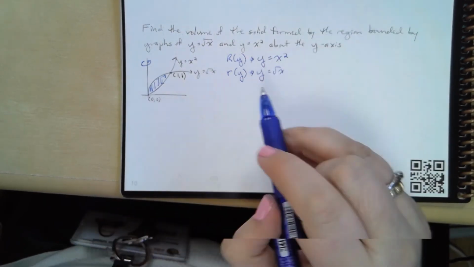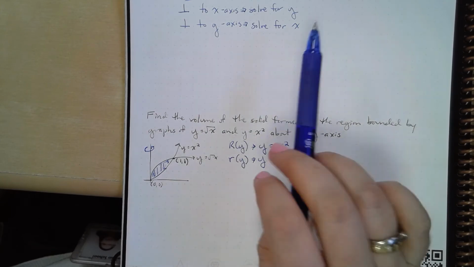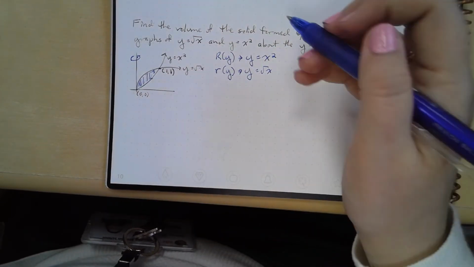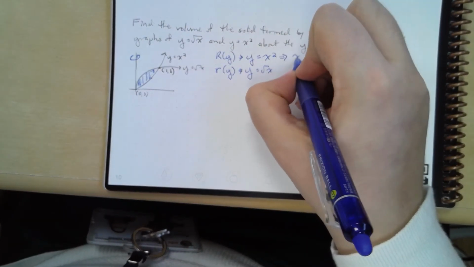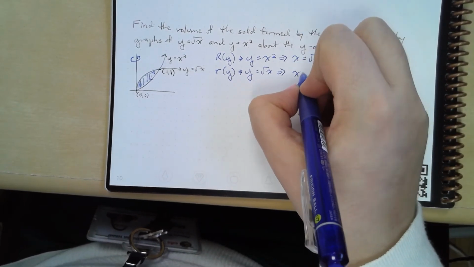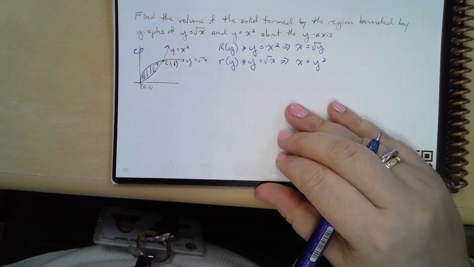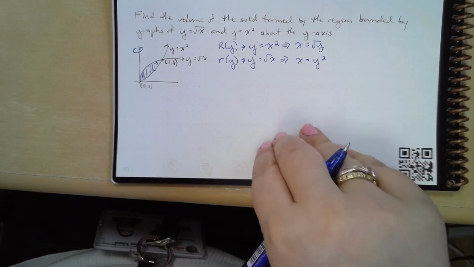Like I just said, if we're perpendicular to the y-axis, we need to solve for x. So x here is going to be equal to the square root of y, and x here is going to be equal to y squared. That's important so that we can actually find this volume.